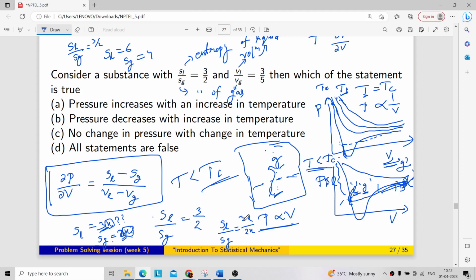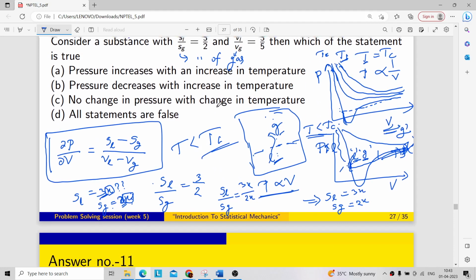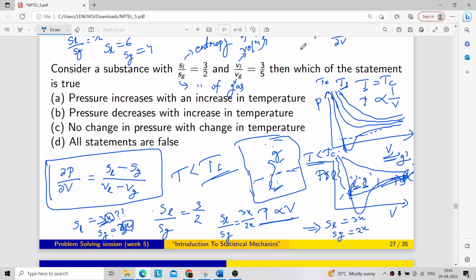We don't know the x value, we do not have to know also, we just need to solve this equation. So I can write SL as 3x and SG as 2x. Similarly, from the other ratio, VL over VG, I can write VL as 3x and VG as 5x. Then we can put all these values in the formula.